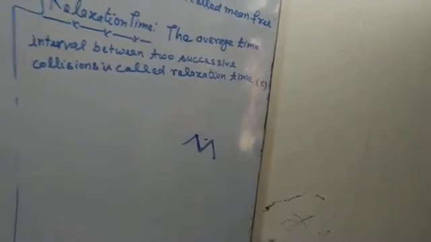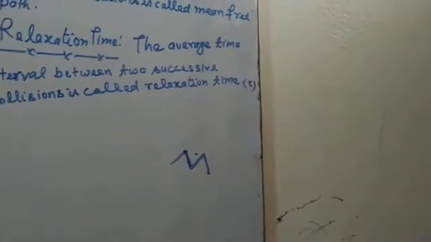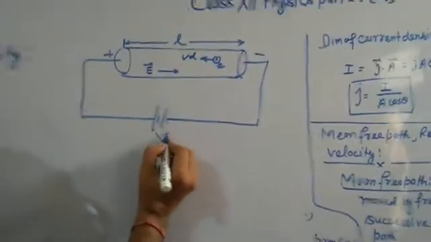The electric field is always directed from positive to negative. Electrons start to drift with Vd opposite to the direction of the electric field, because the force acting on a negative charge is opposite to the direction of the field.